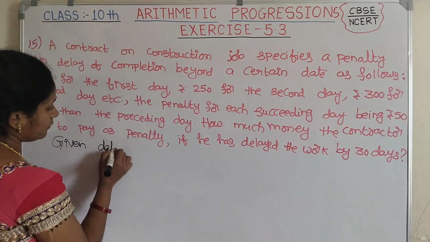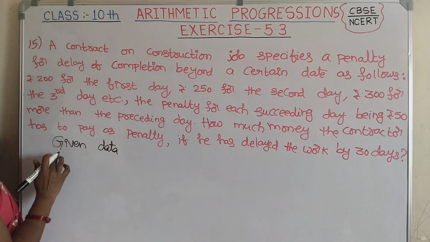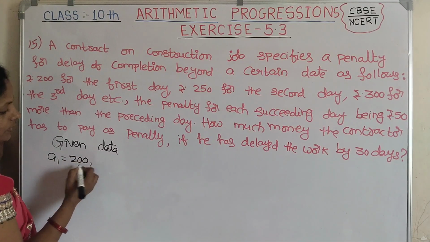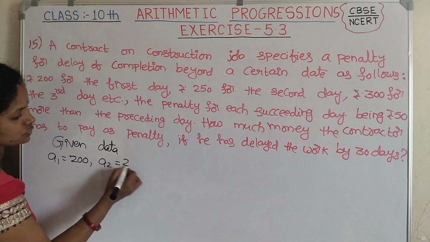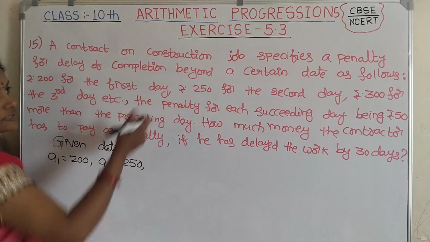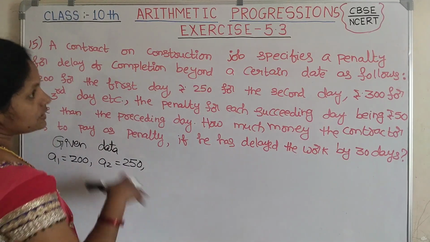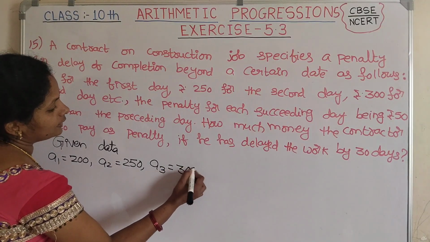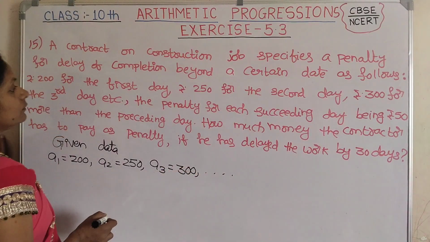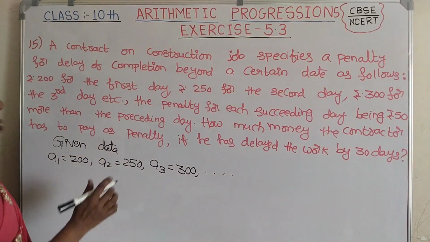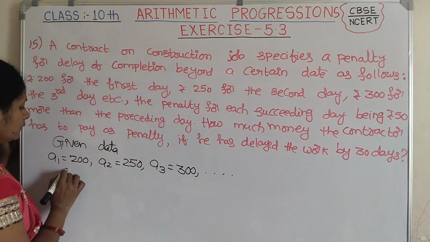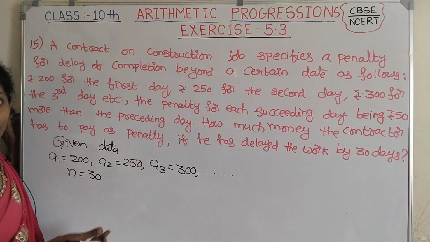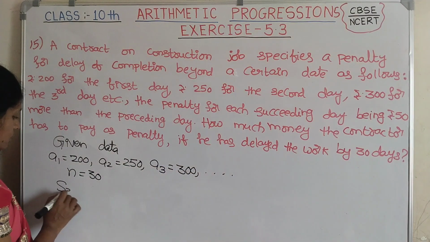Given data: for the first day, A1 is equal to 200 rupees. Next A2 is equal to 250, because it is for the second day, 250 rupees, and for the third day A3 is equal to 300, and so on. Here n is equal to 30, means we have to find out the S30 here.